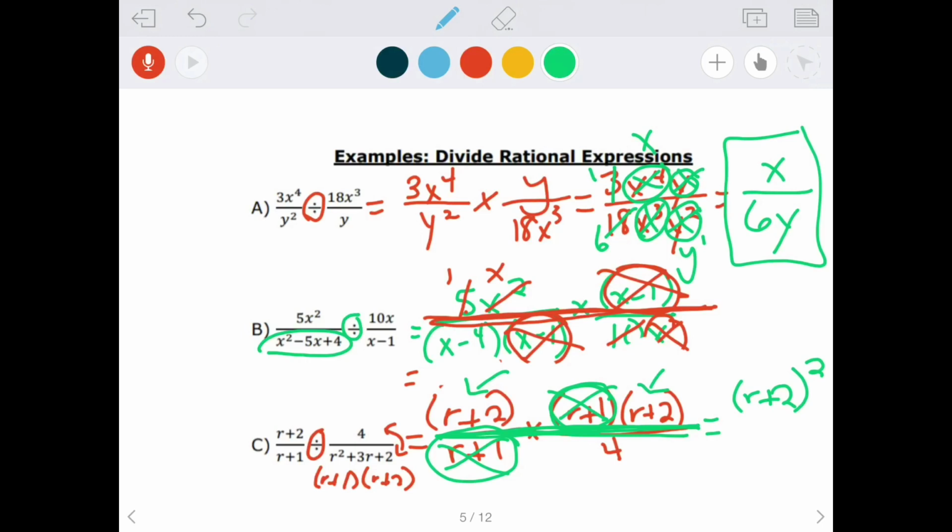So I'm just going to write it as r plus 2 quantity squared over 4. And of course, we have to go ahead and have my r squared plus 4r plus 4 all over 4 to have my final answer.